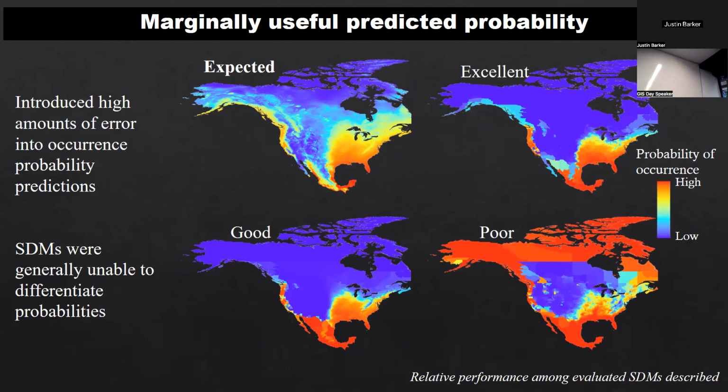Even in the best models, we can see that it lost all the low variation of somewhat suitable area. But it did significantly pick up the high suitable areas in Mexico and the southeastern United States. As model performance degrades, we can see that that pattern becomes increasingly worse. And in the poorest models, it drastically over-predicted where the species was going to occur.